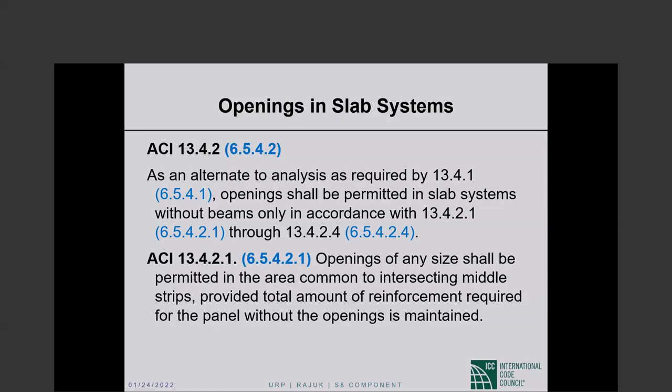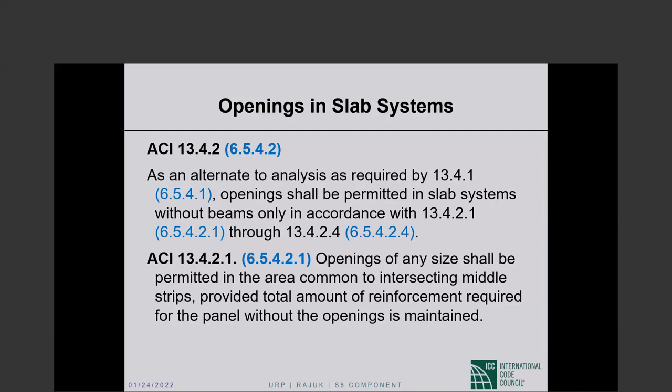You can bend the reinforcement to go around the opening, but if it is an opening of any size, we will discontinue the reinforcement, but the discontinued portion shall be placed half and half on either side with proper development beyond the openings.